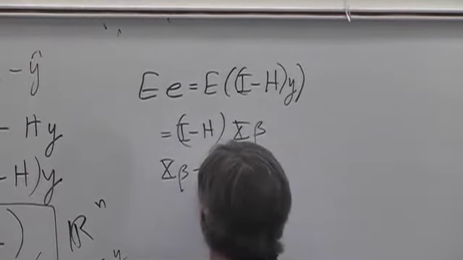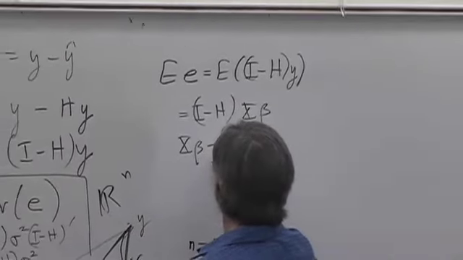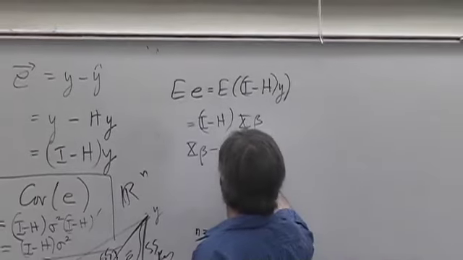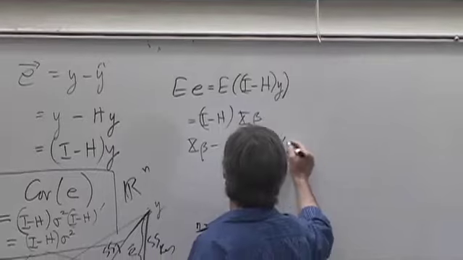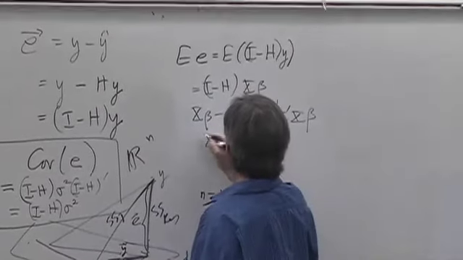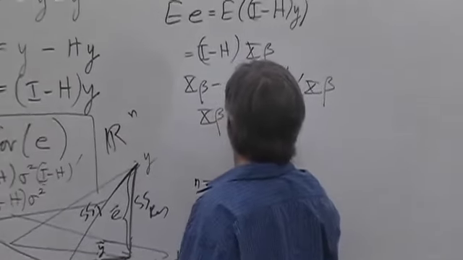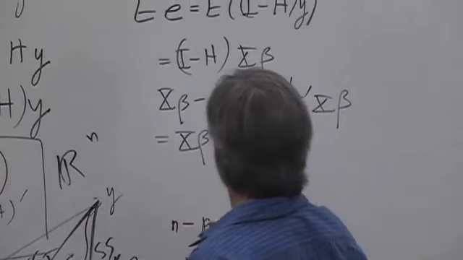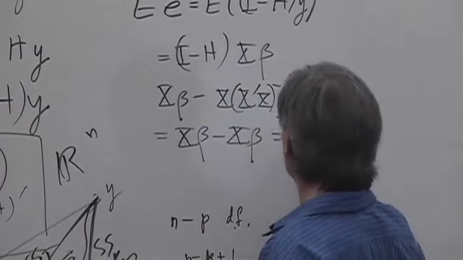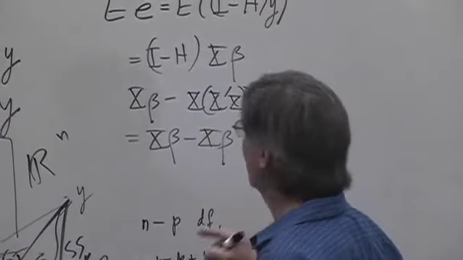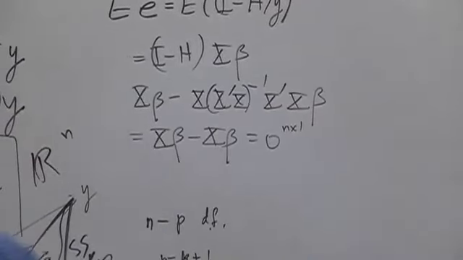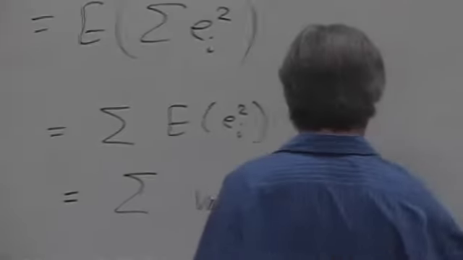What is h times x beta? h is x prime x inverse x prime, and then I have an x and a beta, so it's x beta minus x beta. So the expectation of e as a vector is the 0 vector, n by 1. That means the expectation of every ei is 0. So this is 0 for every i. Coming back over here.